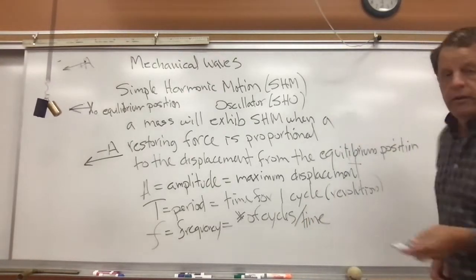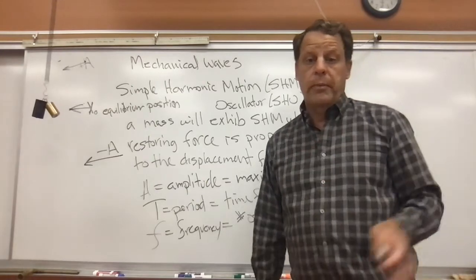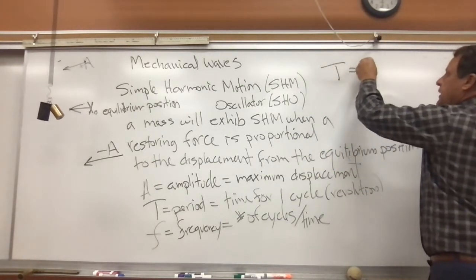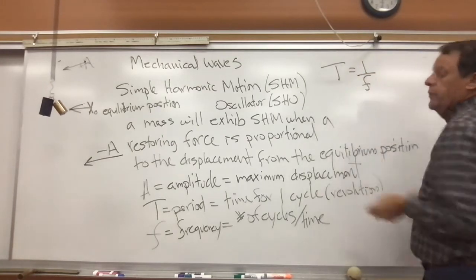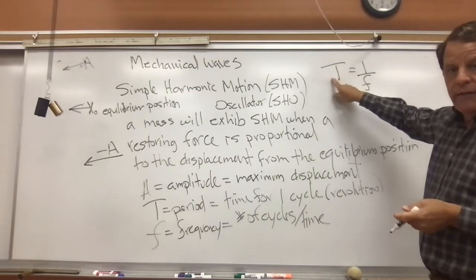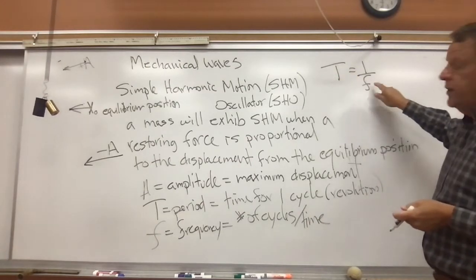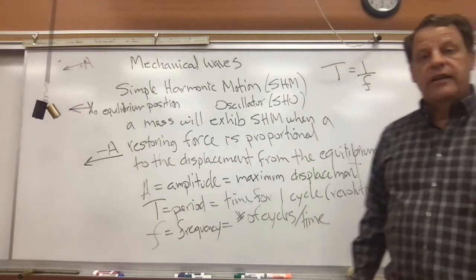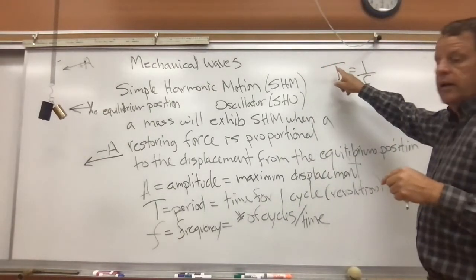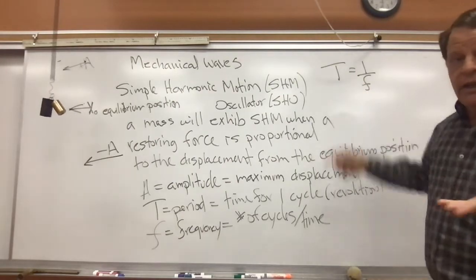Okay, and if you think about this, you might remember this from math classes. Period is going to equal 1 over frequency, and vice versa. Period is the time for one revolution, and frequency would be the number of cycles per time, let's say cycles per second.